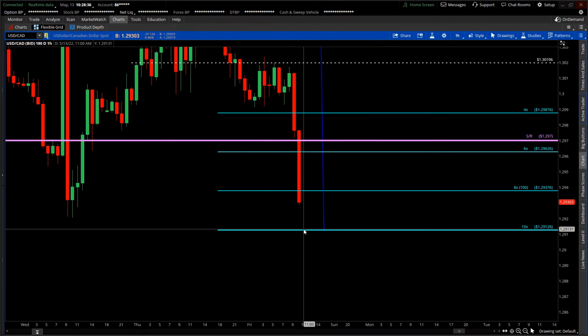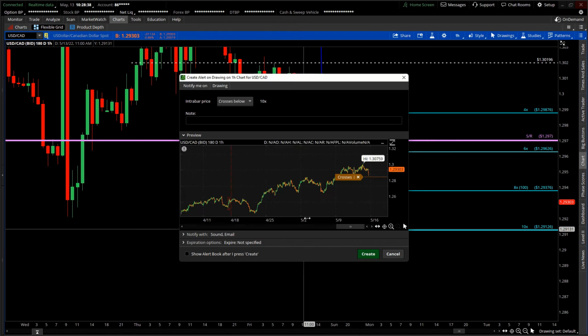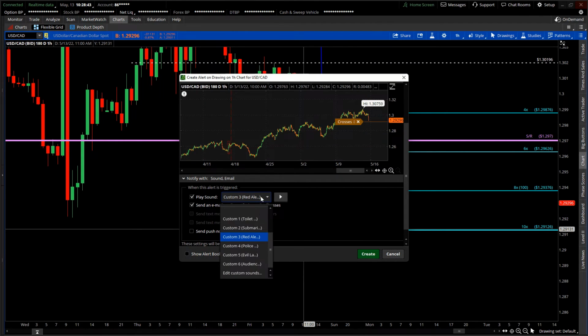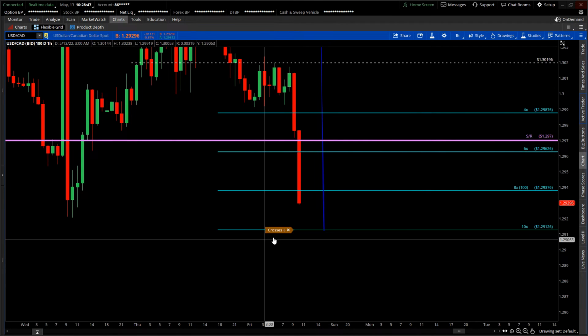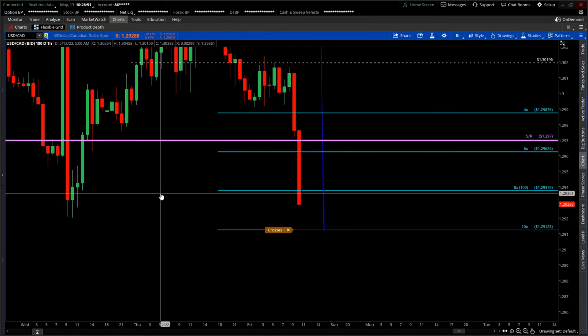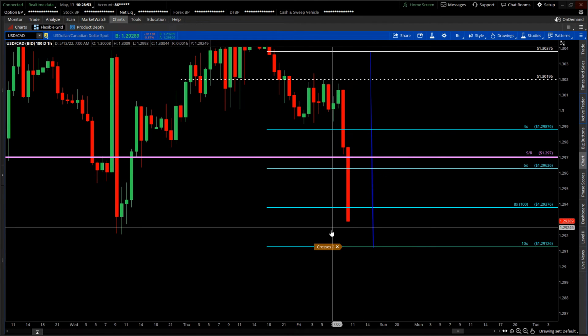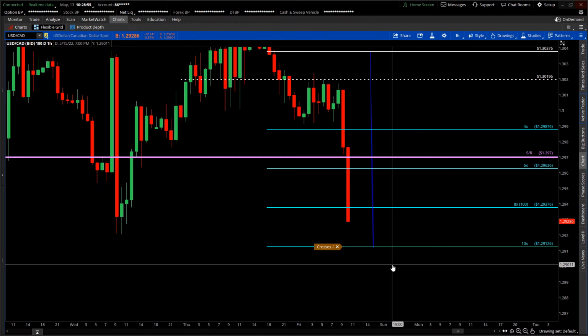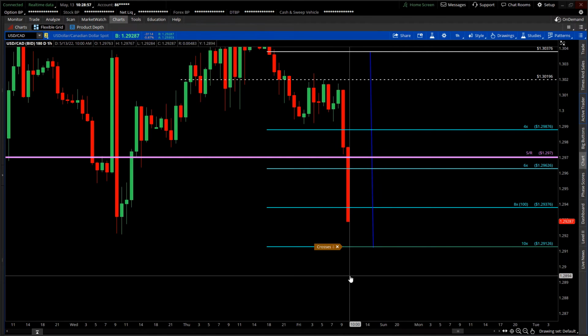So what I'll do is I'll create an alarm just to let me know that it's below, and there. So if this gets triggered, I will come back, reassess the setup, and start considering closing this trade out. Maybe looking for another target to close the trade out.